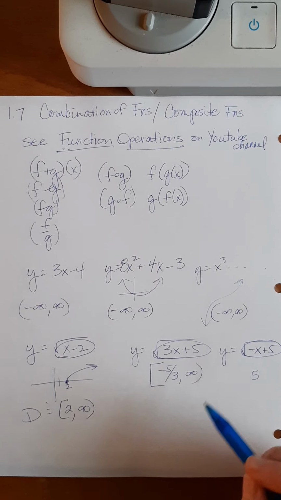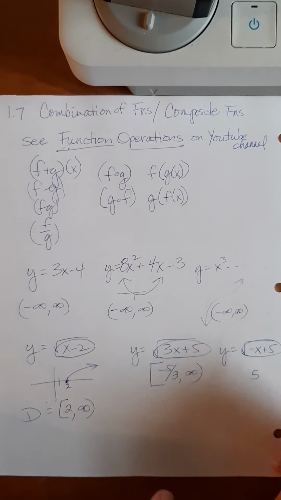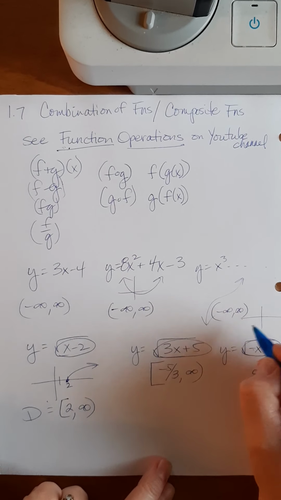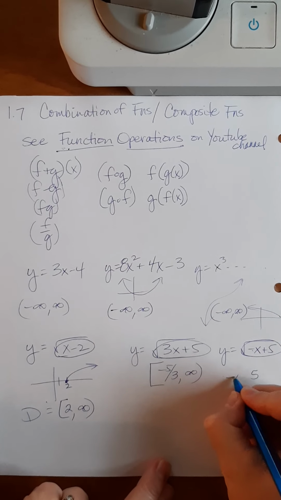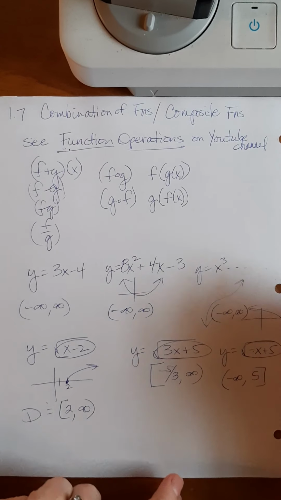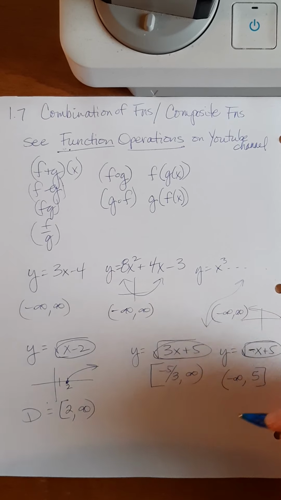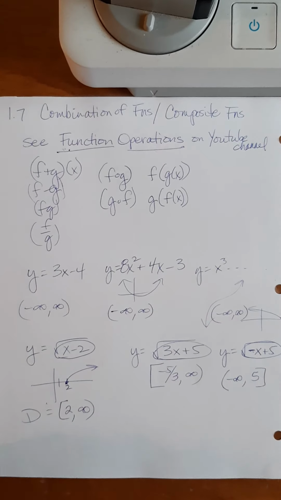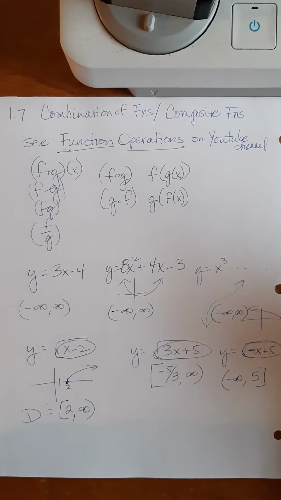So remember, instead of going right, it's going left. So your graph would actually be something like that. So it's negative infinity to 5. So if the x is negative inside, that's going to make it go to the left, so it's going to be negative infinity to 5.